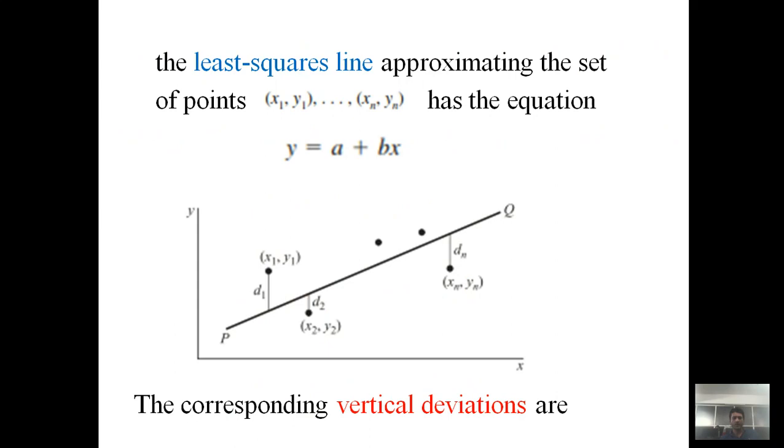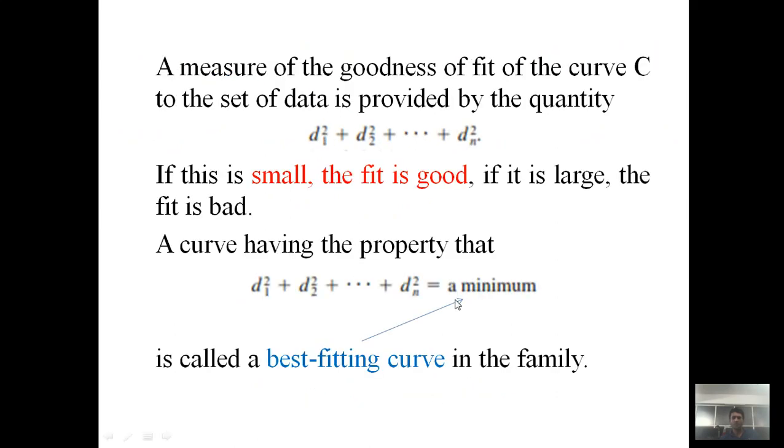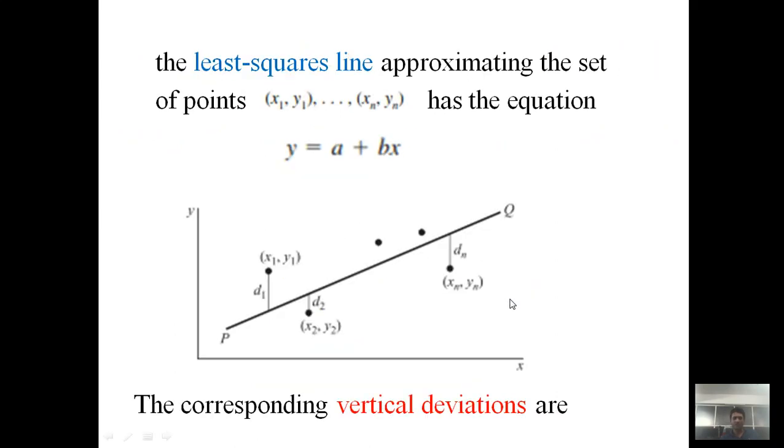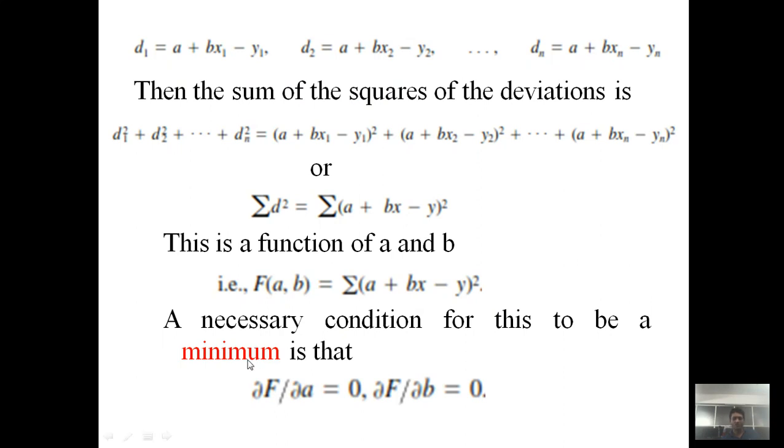Here we are interested in the minimum value, but whether we find maxima or minima, the first order derivative must be 0. And since f is a function of two variables, we consider partial derivatives. So the partial derivative of f with respect to a is 0, as well as the partial derivative of f with respect to the second variable, that is b, is 0.